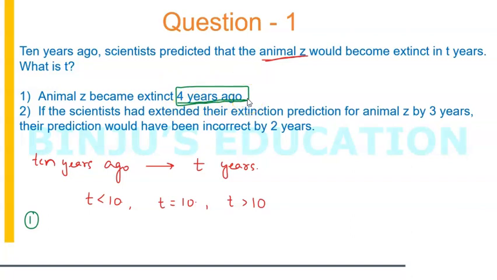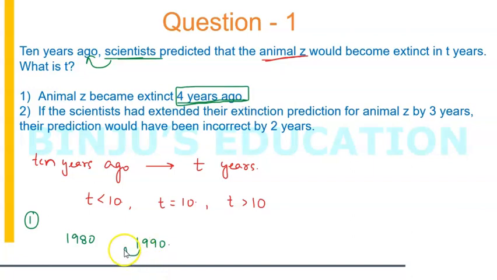So if you're going 4 years in the past, can I say when scientists gave this statement, they gave this statement 10 years ago. So for example, let's suppose scientists gave their statement in 1980, and the author wrote this statement in 1990. That's why the author is saying 10 years ago scientists predicted that. Now statement one says animal Z became extinct 4 years ago.